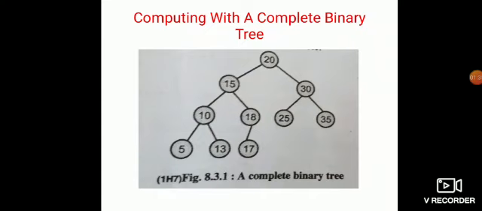After that, applying a bottom-up approach, combine the partial results and reach the root node of the complete binary tree in O(log n) time.